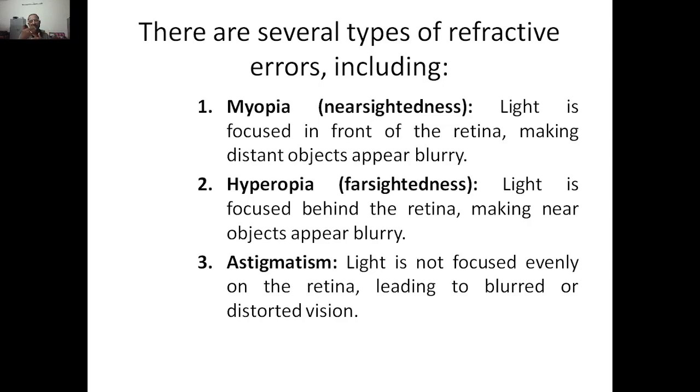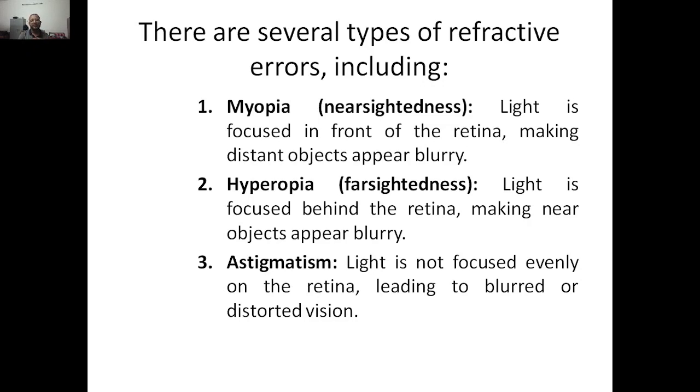So just remember: in nearsightedness, near things we can see properly, but far we can't. That is myopia. Whereas in hyperopia, far things we can see clearly, but near things will be blurry.